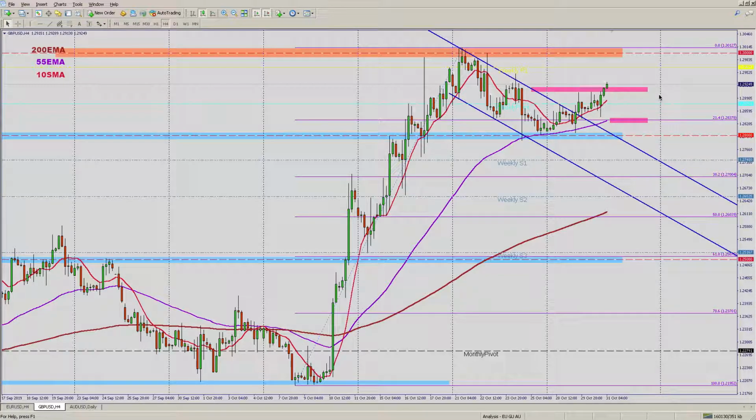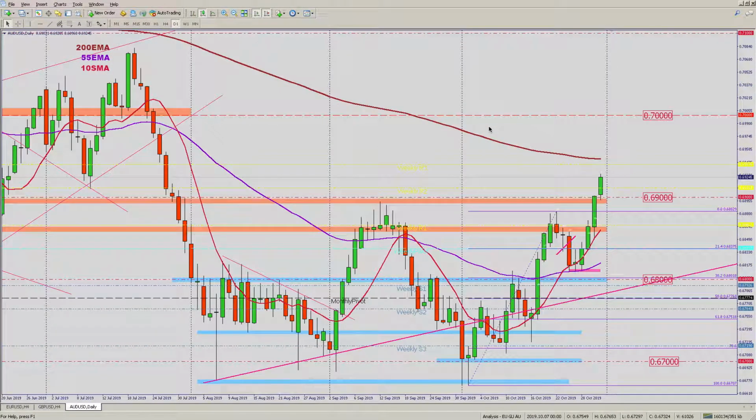All right, let's take a look now at the Aussie dollar. The Aussie dollar has also gained against the US dollar yesterday with a bullish close right to the 0.6900 level, and this morning has continued higher above the weekly R2 already, trying to target the weekly R3 at 0.6940 and just below the daily 200 EMA at 0.6947.